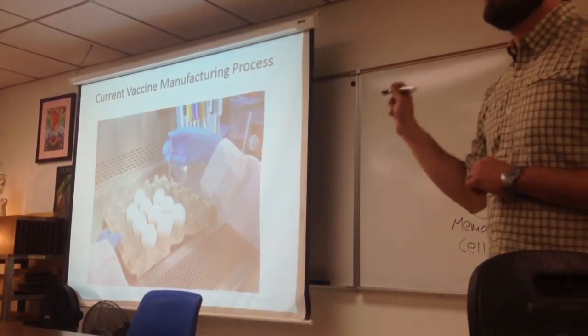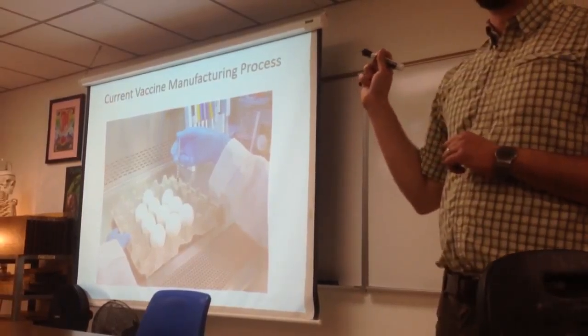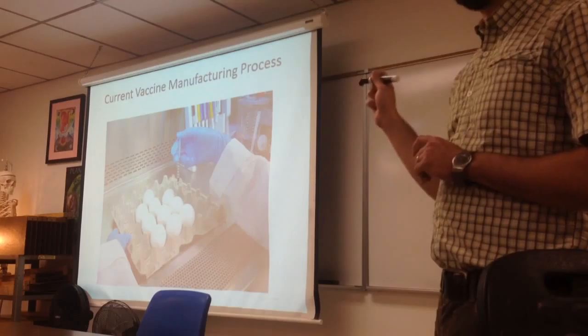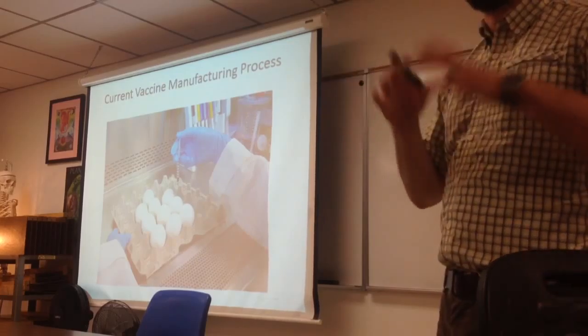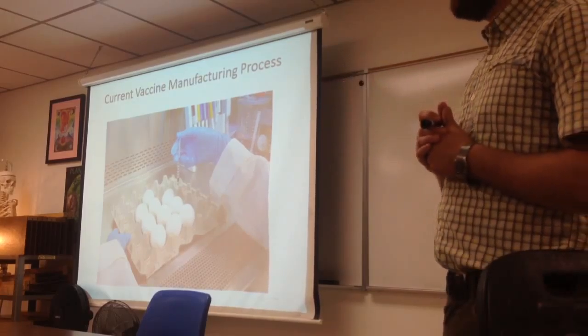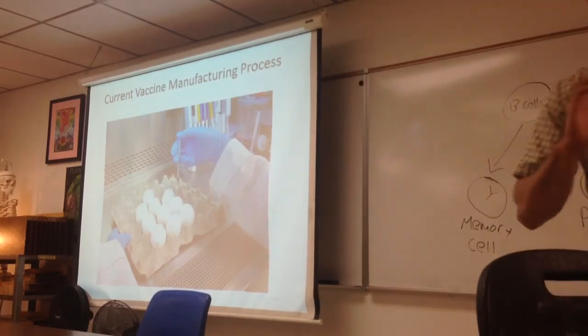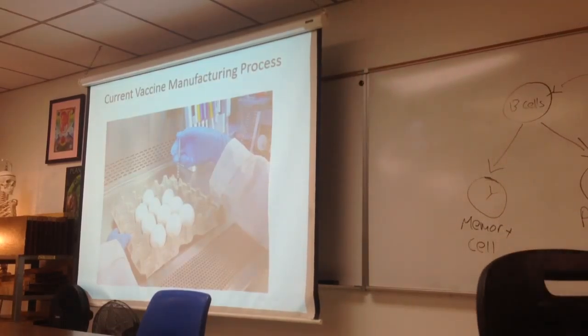You actually inject the flu virus into chicken eggs, and they grow inside of the chicken eggs for a while. And so lots and lots of virus grows. And then we can harvest the virus and extract it, and then we'll do a few modifications to it, and then we can kill it usually, and then inject it into you or your kids as a vaccine.